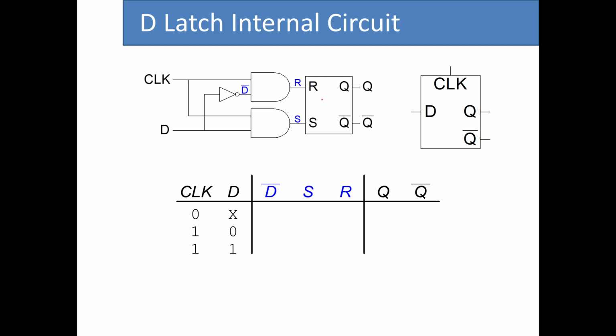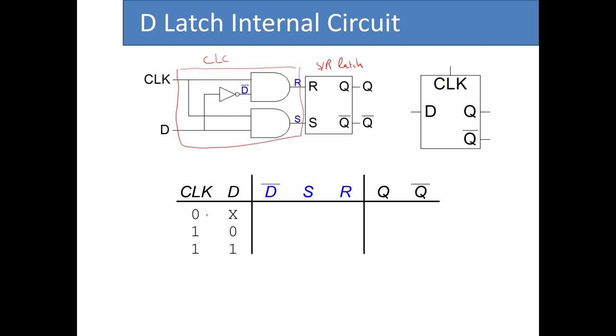We have an SR latch that is connected to an additional combinational logic circuit. We have clock and D as the two inputs to the circuit, and then we have Q and Q bar as the outputs.